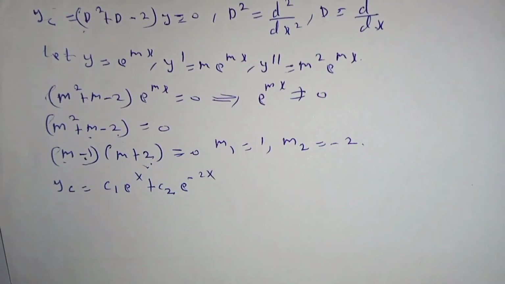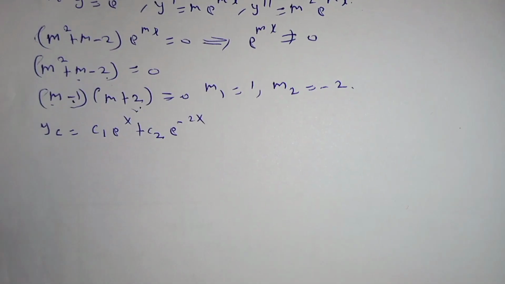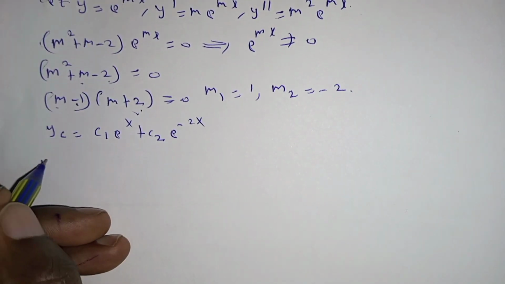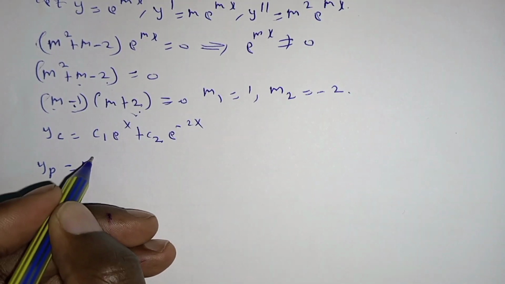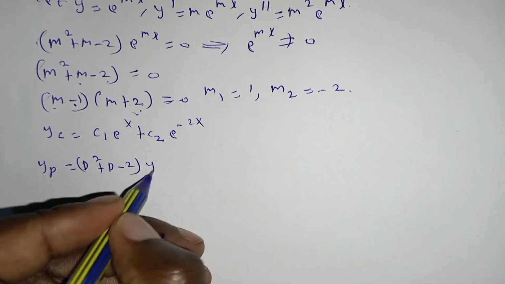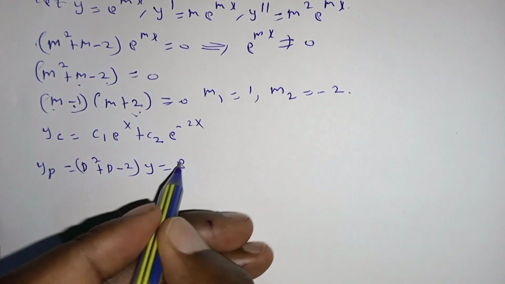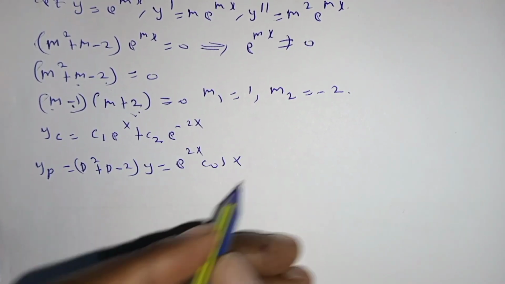Then now we come to working on the y particular, whereby our y particular is given by d squared plus d minus 2 y is equal to exponential 2x cos of x.